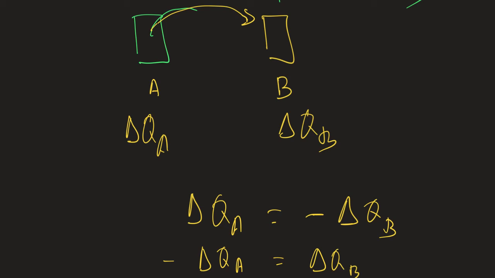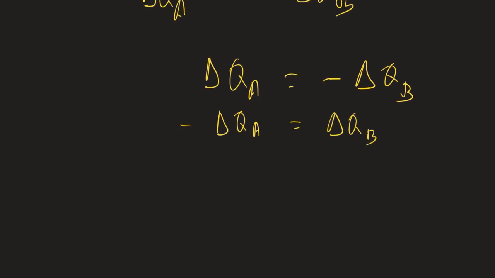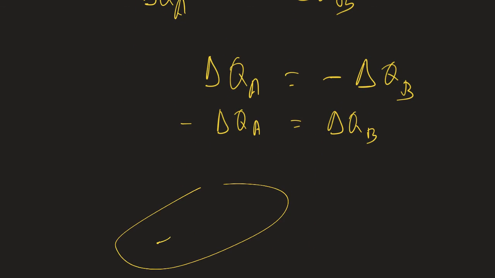And this is called the principle of conservation of charge. In any process that happens in the universe, the total charge is always conserved. You have a closed system. Let's say that the closed system has charge equal to 10, because it has 12 positive charges and 2 negative charges.